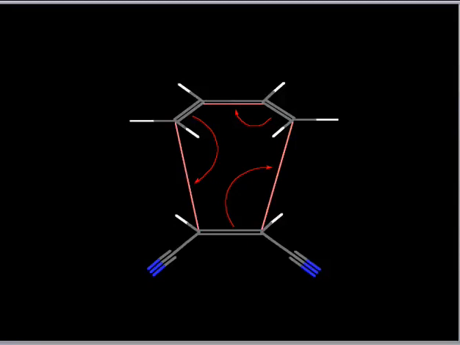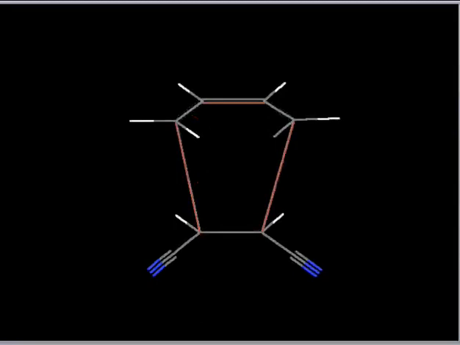That's why it's electrocyclic, that's why it happens all at once. So when we're done, we've made a bond here and here, and this is now our double bond.